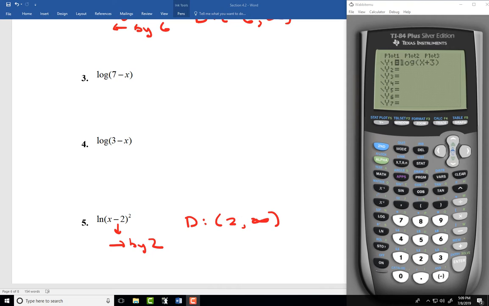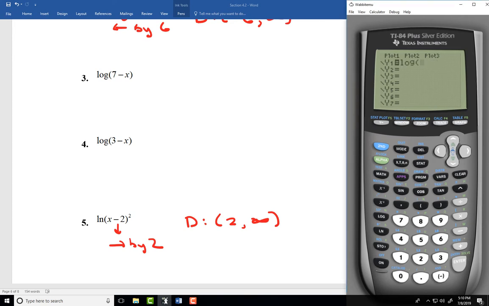So you can't do things with base 5, base 7, okay? The calculator won't allow you to do that. We'll talk about how to adjust to that later on in the semester. But if it's base 10, you're fine, or natural log, you're fine, but you can't do like log base 9, log base 6, okay? So you can only do log base 10.